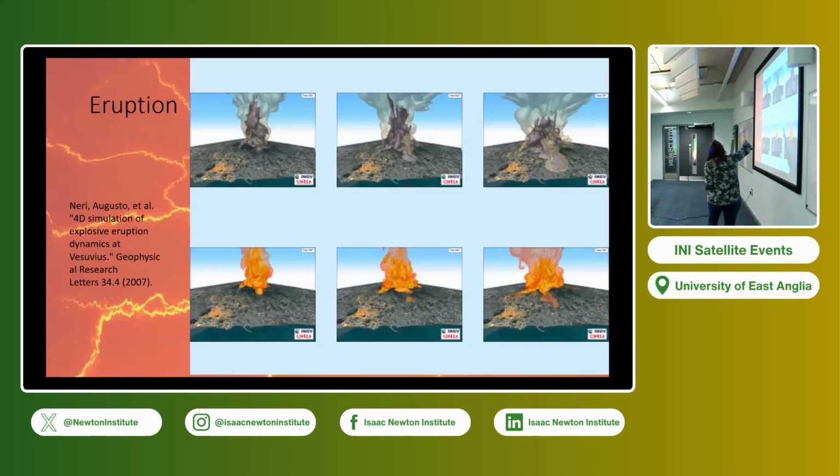So you've got water, you've got CO2, you've got ash, and then we have what's called a column collapse, where everything's coming out really quickly, it's entraining cold air as it goes up, and then the weight of the ash inside the column becomes too much and it sort of collapses, and that's where you get the pyroclastic flows.